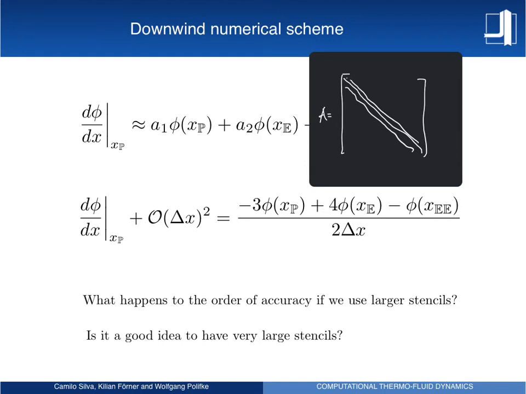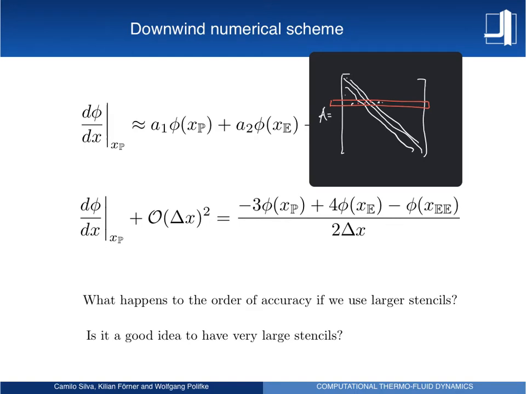But anyway, every single row is an equation for a node. Okay, so in this case we will have 3 nodes that are linked. If we increase the order of accuracy, basically it means that we will need more terms that are linked.